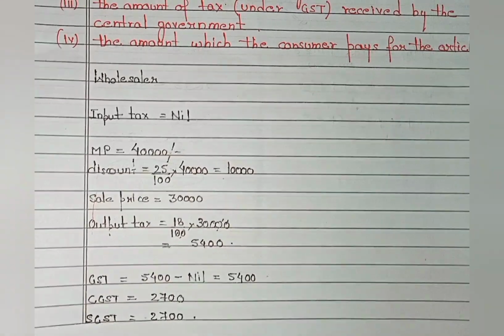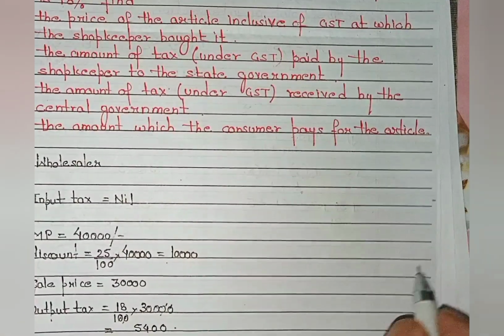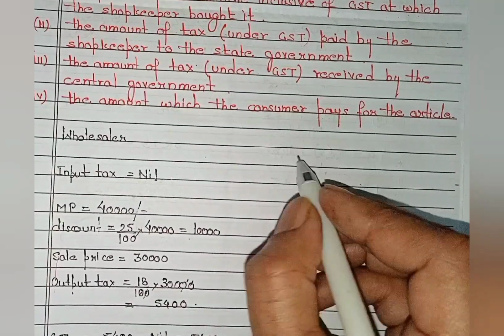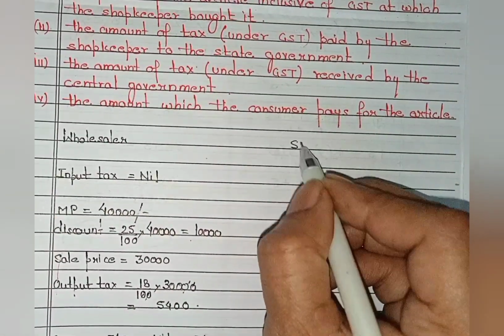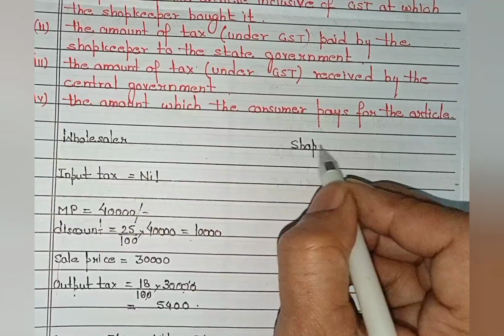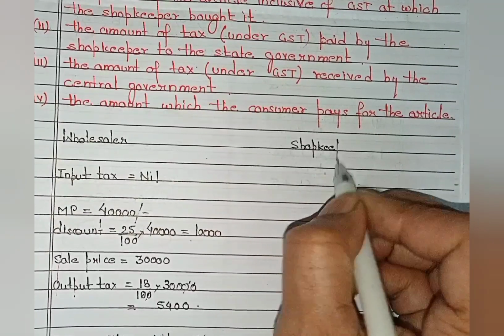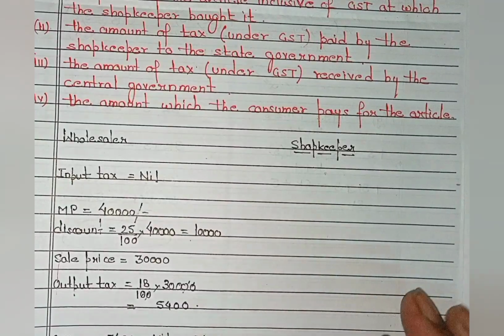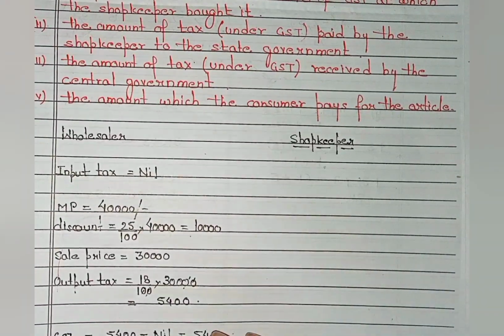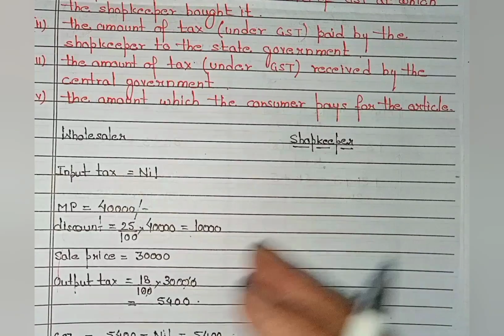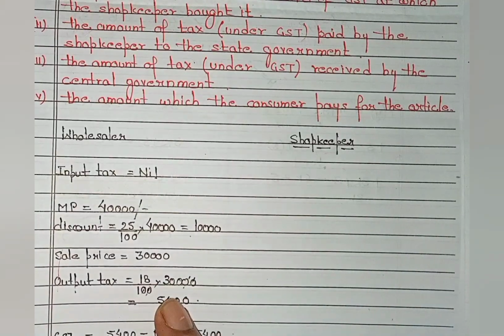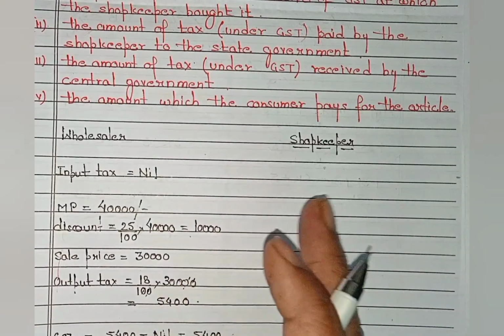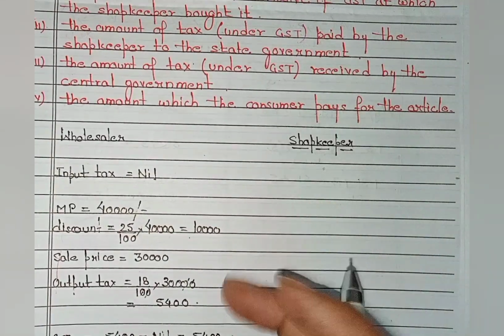Now from the wholesaler we have the next seller as the shopkeeper. Okay, now moving on to the calculation for the shopkeeper. Now in a chain of selling, when one person sells the article to the other, whatever is the output for the first one becomes input for the next one.